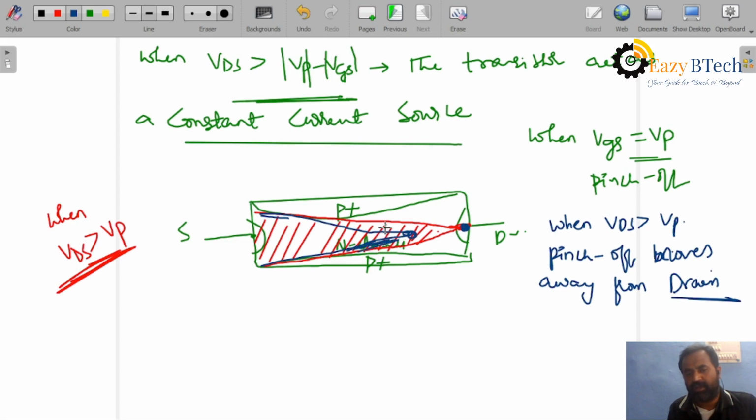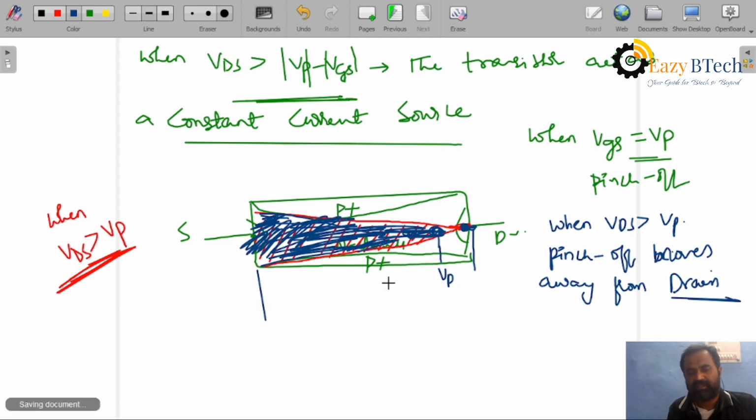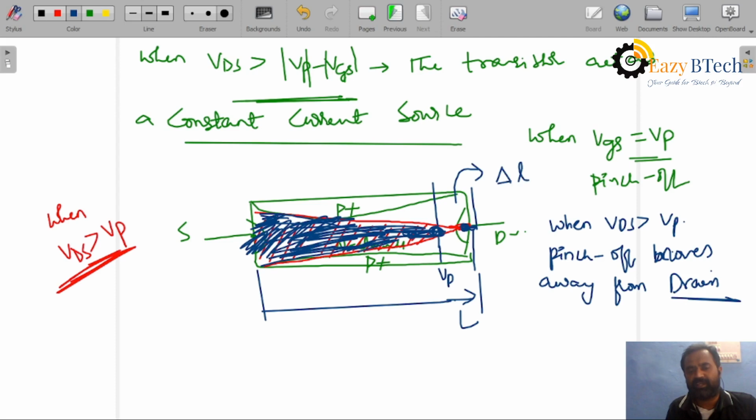Now all of this is the depletion region. This is VP, and from this point to this is the length, the total length of the channel. From this point to this point there will be a change in length.